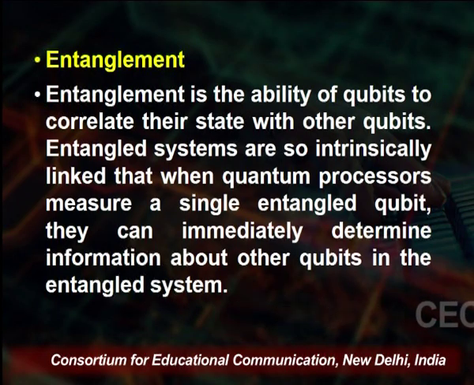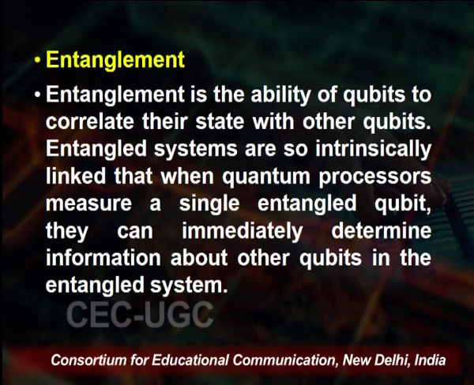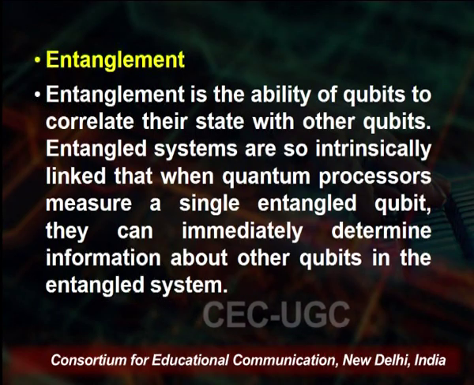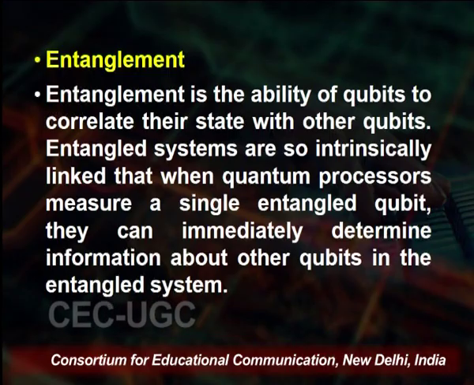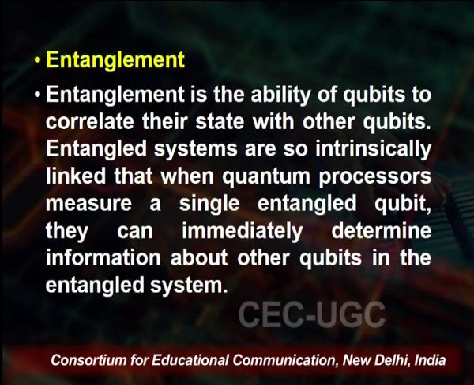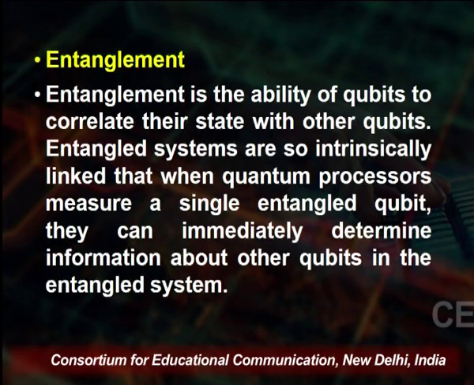Entangled systems are also intrinsically linked, so when quantum processors measure a single entangled qubit, they can immediately determine information about other qubits in the entangled system. So when they are related to each other, they can pass information. One qubit can pass information to another qubit in the entangled system.